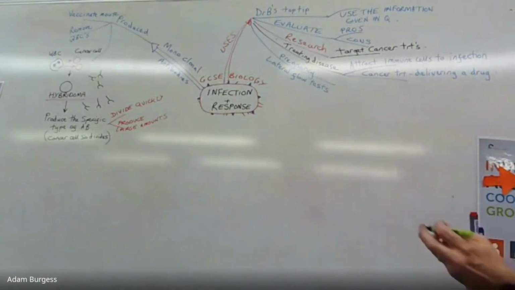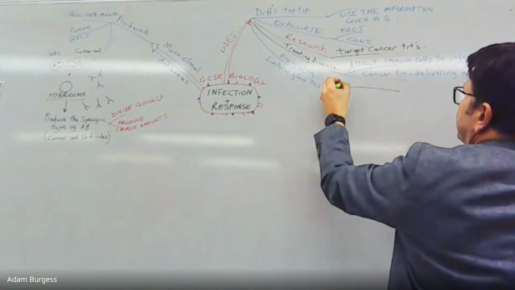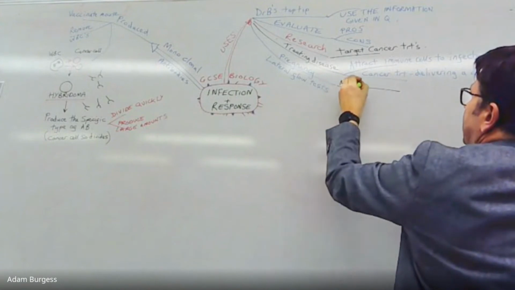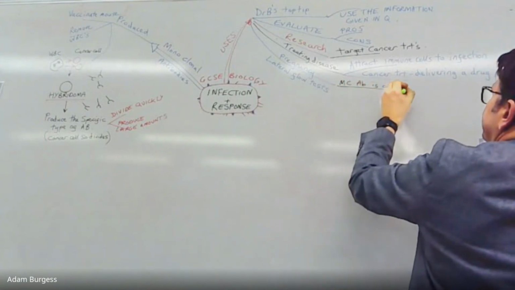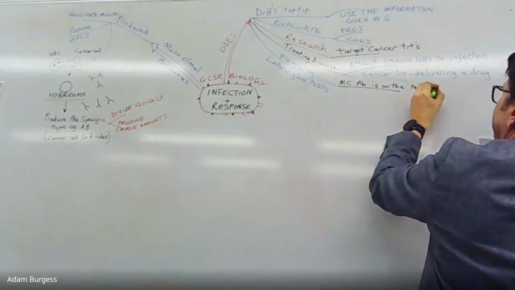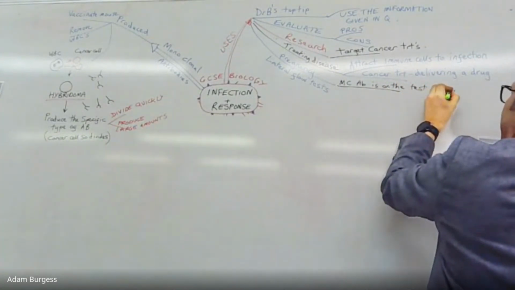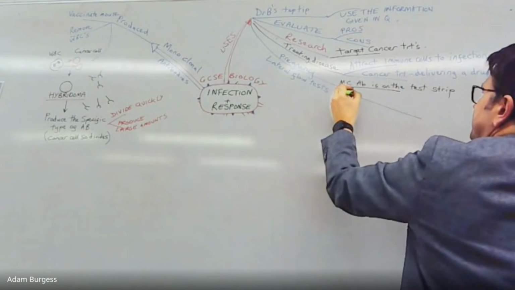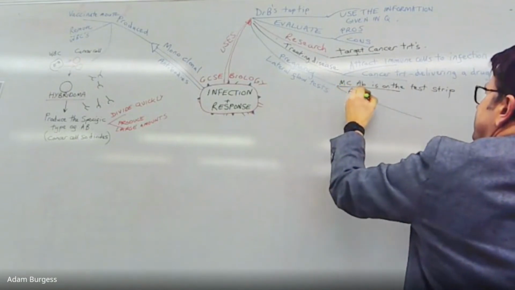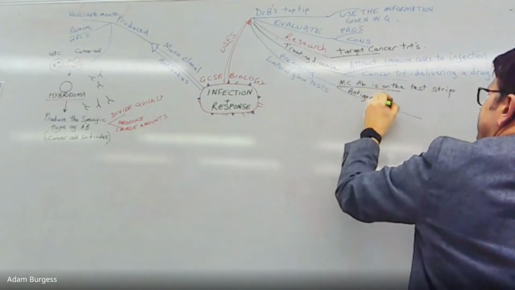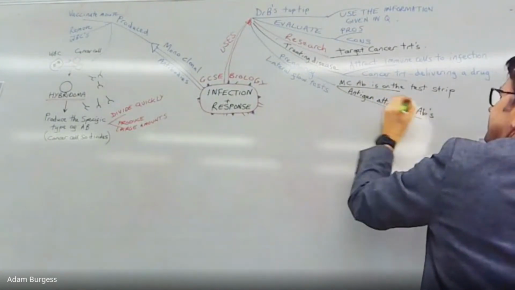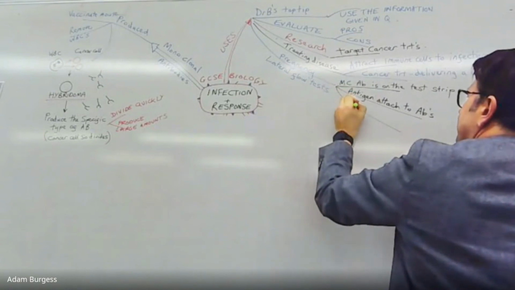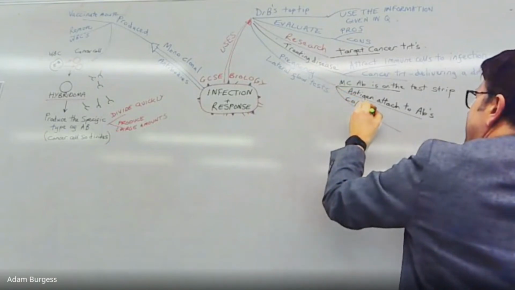So the monoclonal antibody is on the test strip, okay? And basically the antigens attach to the antibodies, and a colored dye is released by an enzyme.